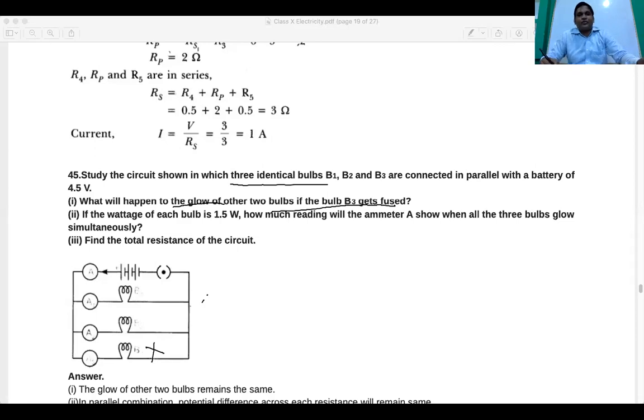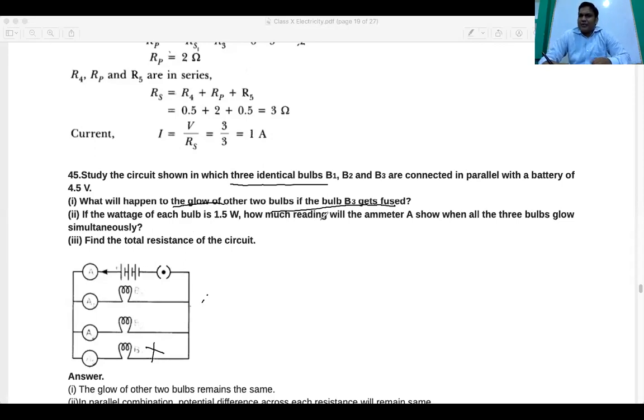If it is going to fuse, there will be no effect because the potential difference remains the same in B1 and B2. So there will be no effect.